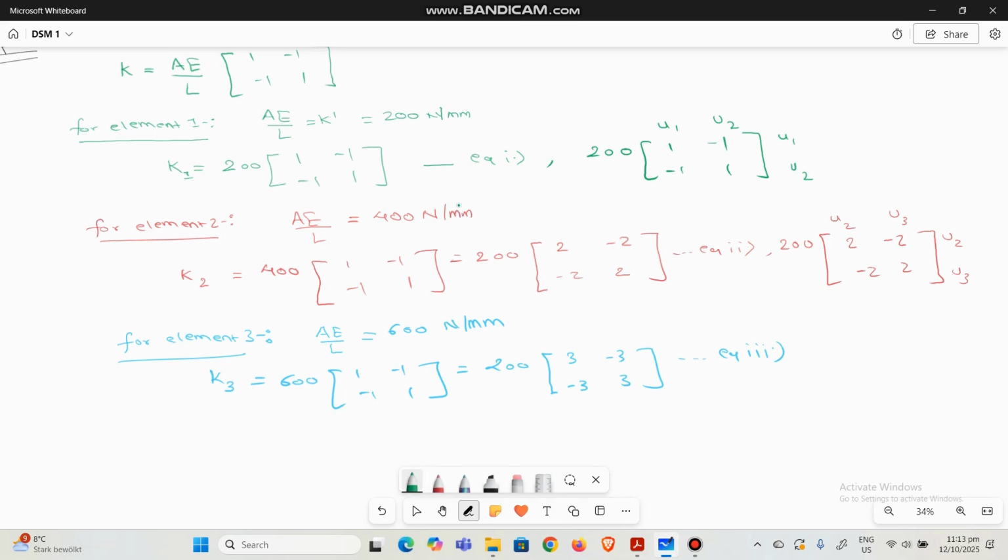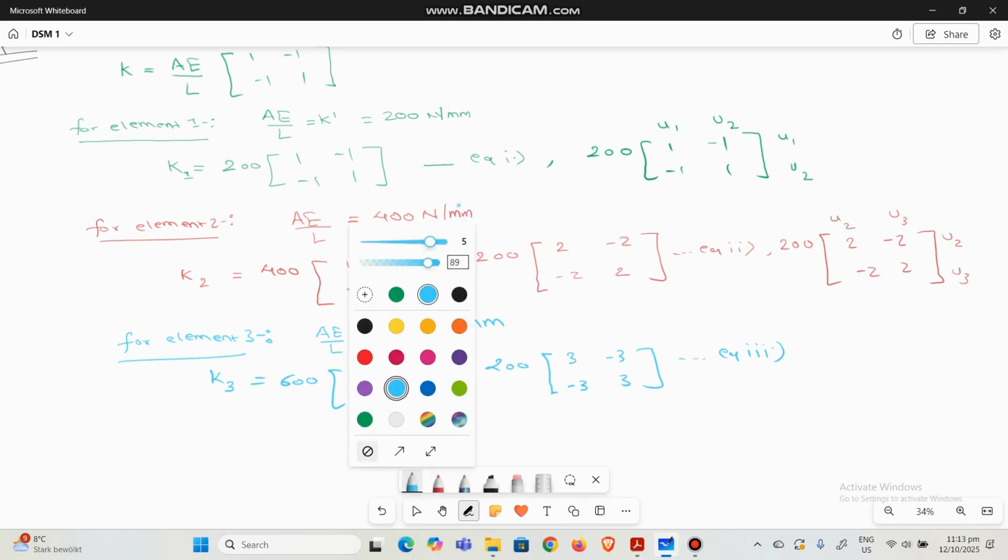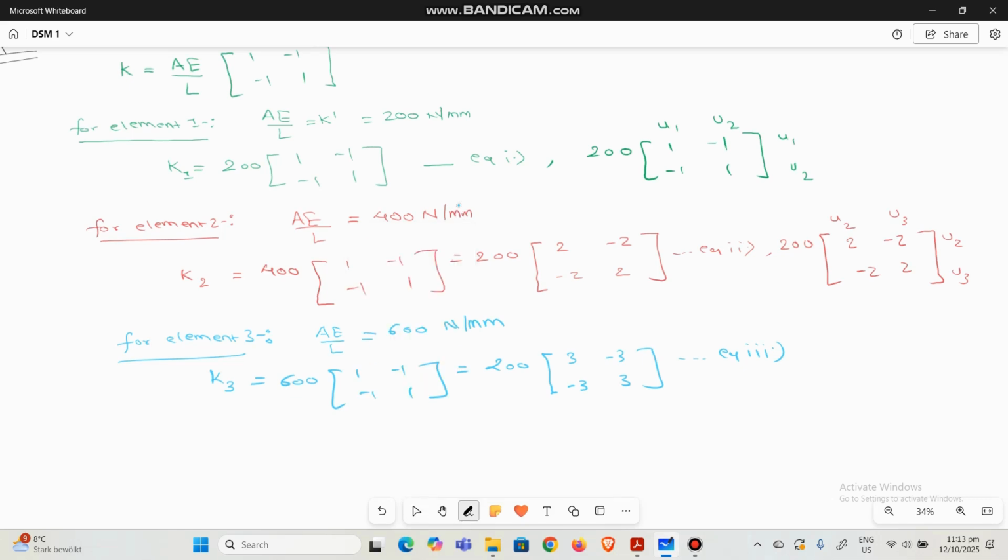And for element number 3, I'm going very basic, you might be bored as well, but anyway, 200 times 3, -3, -3 and 3. Element number 3 is concerned with displacement 3 and displacement 4, right? So now our job is to assemble all of these.